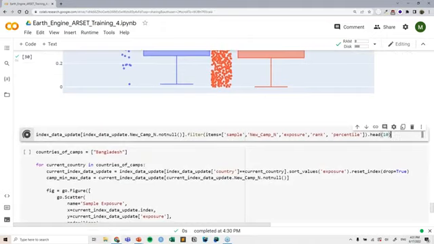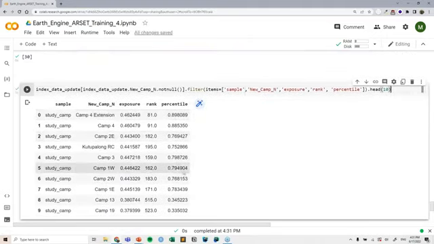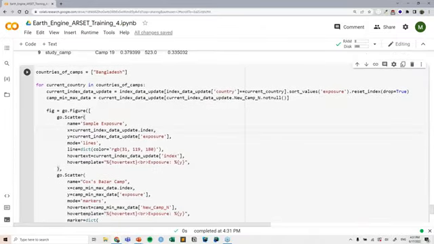If we just look at the first 10, we could see here that there's a set of camps that are coming out here and that we think, based on our index, have an elevated exposure level relative to the other set of potential locations for camps. And then the last step is that we can run this code to generate our actual exposure curve.